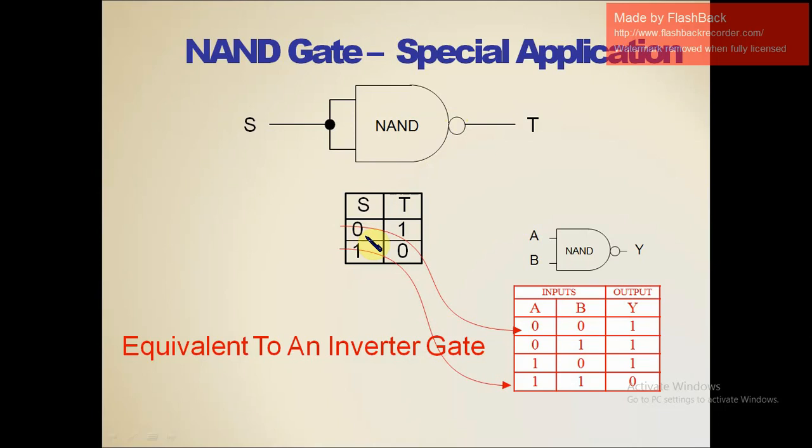When you give 0, both inputs being 0, the output is generated as 1. When both inputs are 1, the output will be 0. Remember the purpose in the truth table of the NAND gate: when both values are true, the output is generated as 0. For the remaining cases it will always be 1.